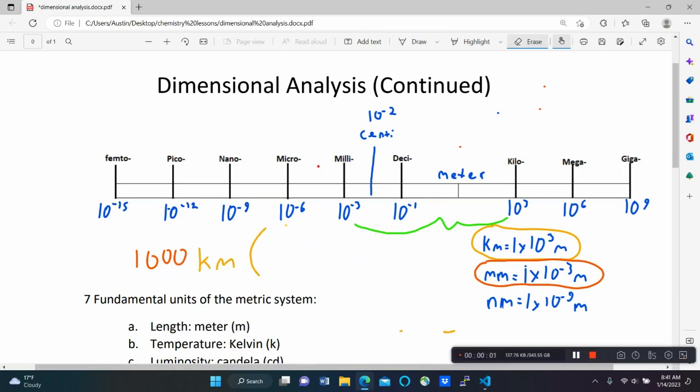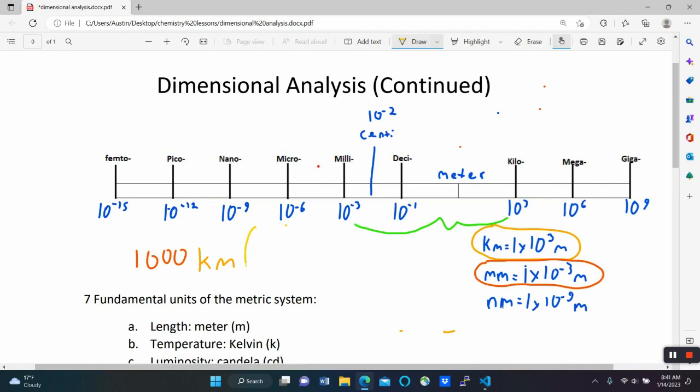So let's say that we were given 1,000 kilometers and we were asked to convert to meters. Well, in this case, our conversion factor would be 1 meter is equal to 0.001 kilometers. And the ratio of our numerator to our denominator is now greater than 1.